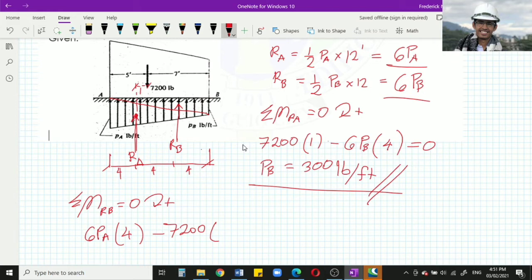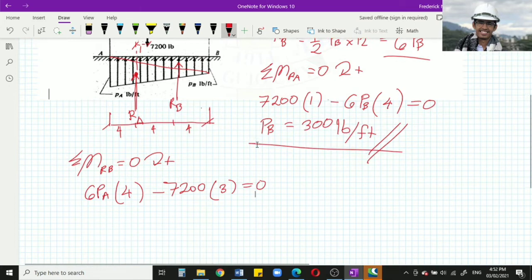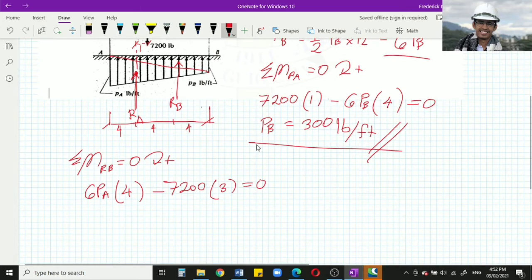Okay, so that will be 7,200 times 3 is equal to 0. Solving for PA, PA now will be 900 pounds per feet.